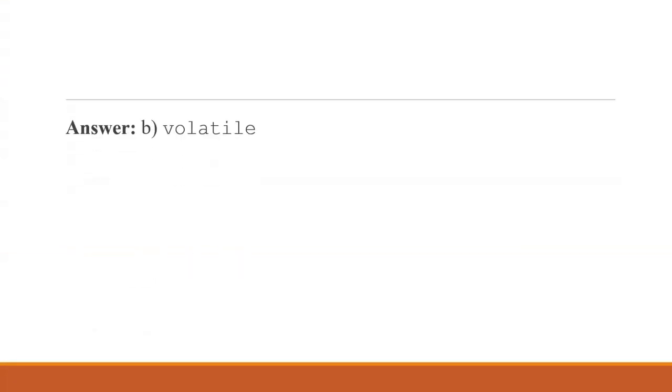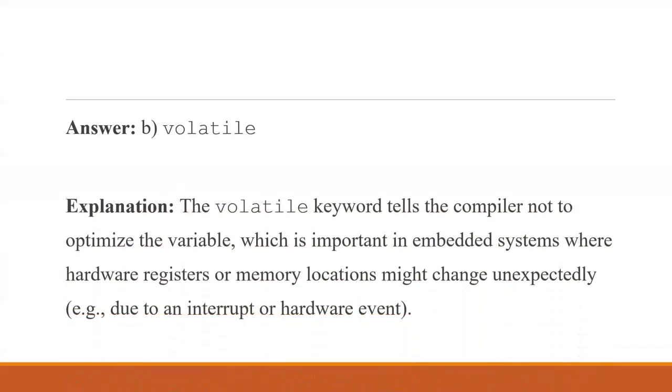So the answer is volatile, because the keyword volatile tells the compiler not to optimize the variable, which is important in embedded systems where hardware registers or memory locations might change unexpectedly, e.g. due to an interrupt or hardware event.